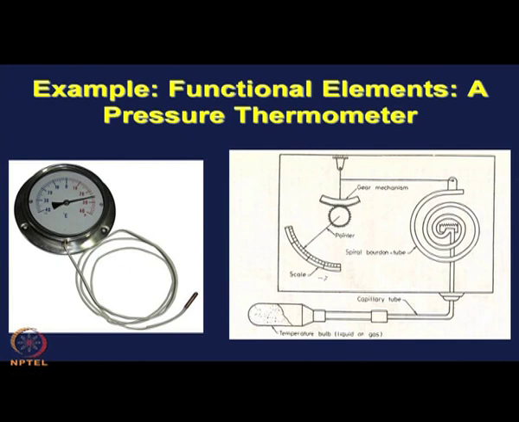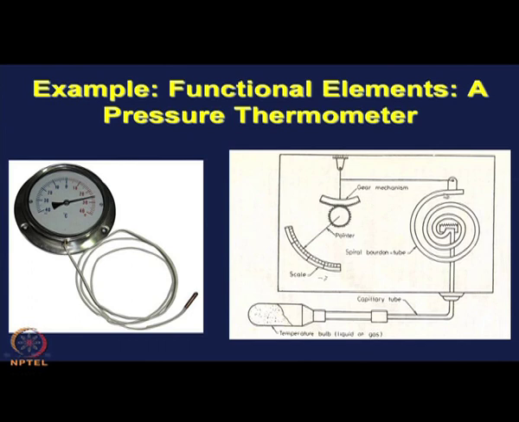Now, due to restricted thermal expansion of the filling liquid, a pressure is built up and the pressure is transmitted to the Bourdon tube through this capillary tube. Then it is the same as applying pressure to a Bourdon tube.